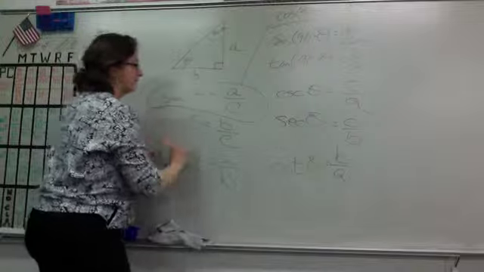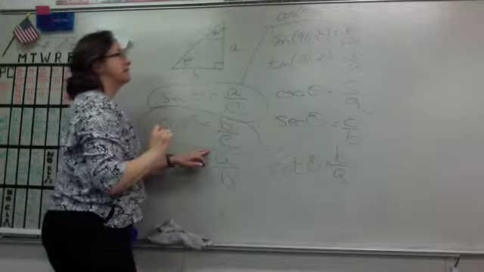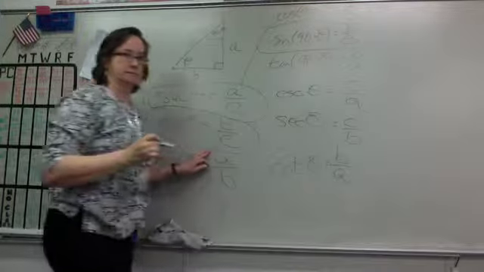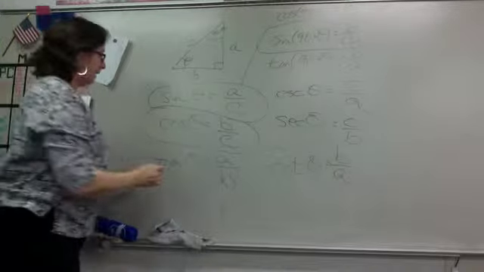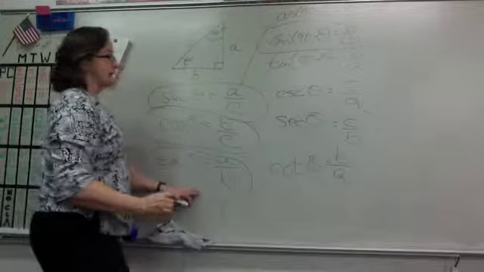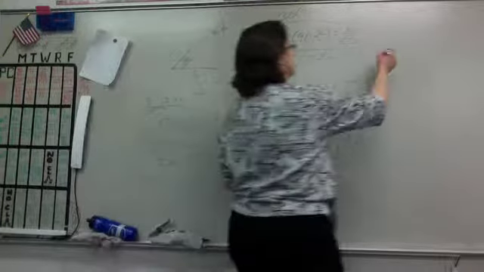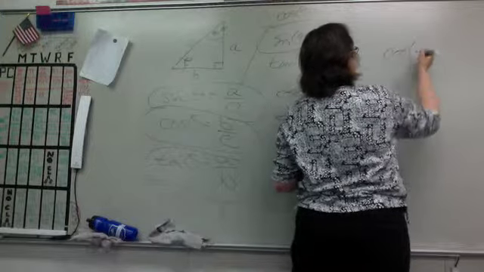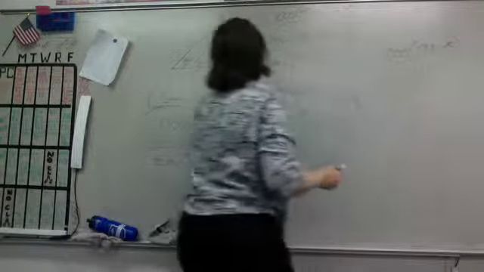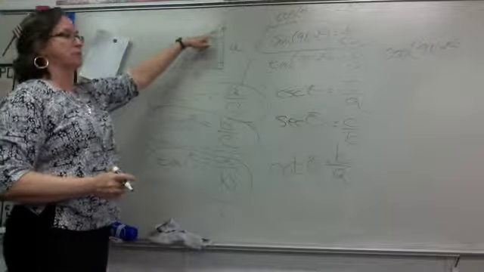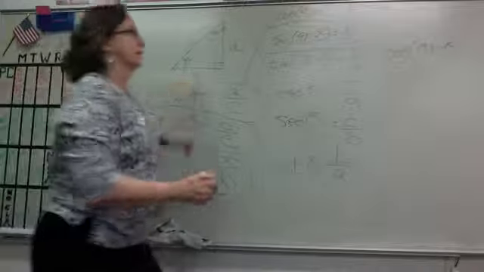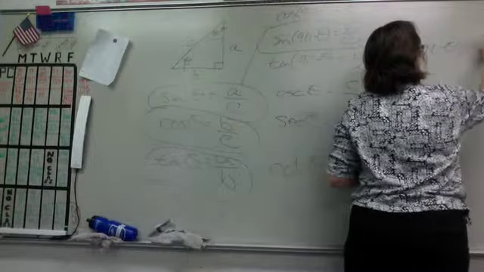The cosine of theta is the same thing as the sine of the other angle. And then the tangent of theta is the same thing. We don't have it up here, but it's going to be the cotangent of the other angle. 90 minus theta, the cotangent of 90 minus theta is going to be what? A over B, isn't it? So it's going to be A over B.